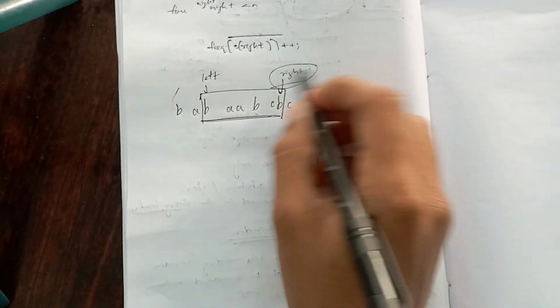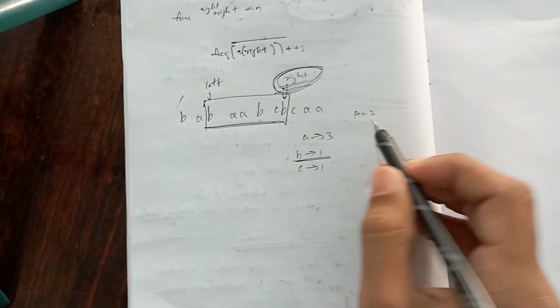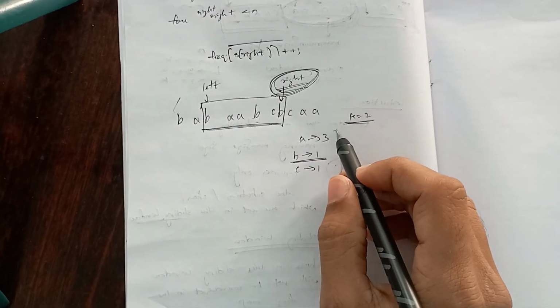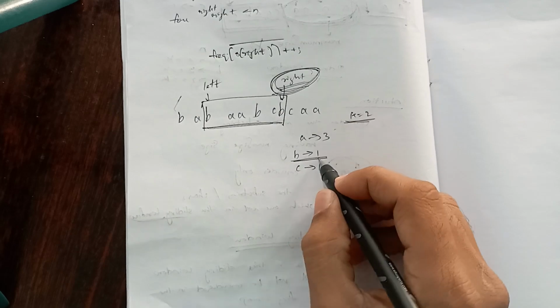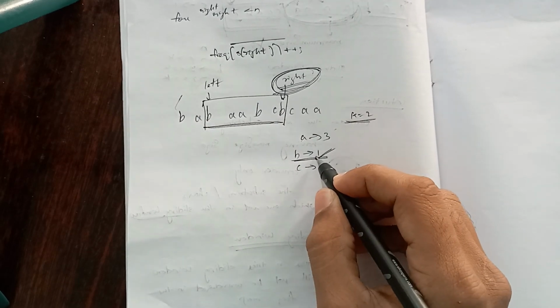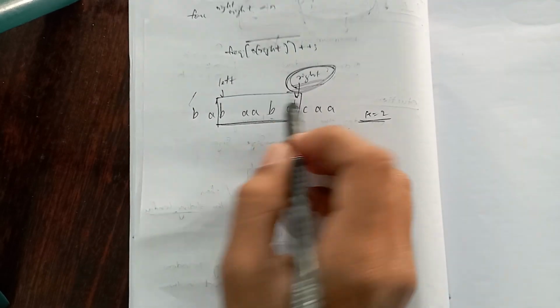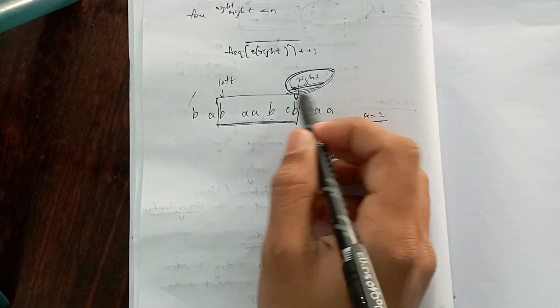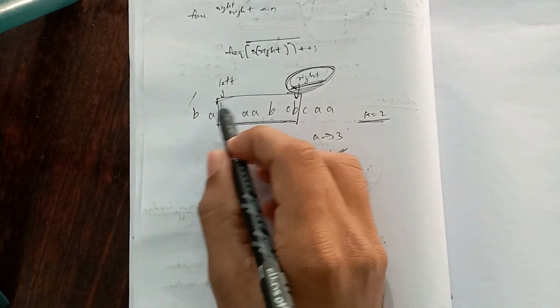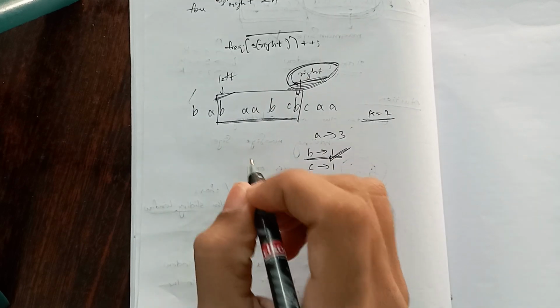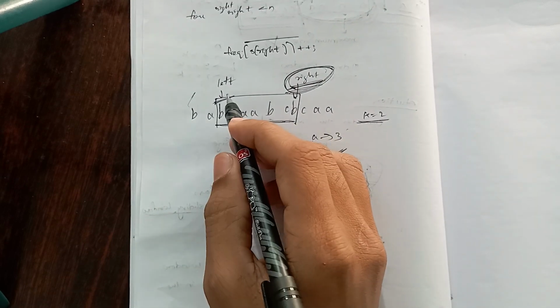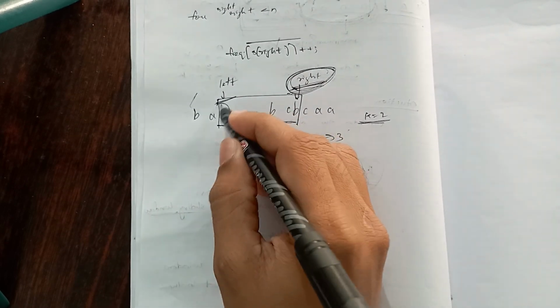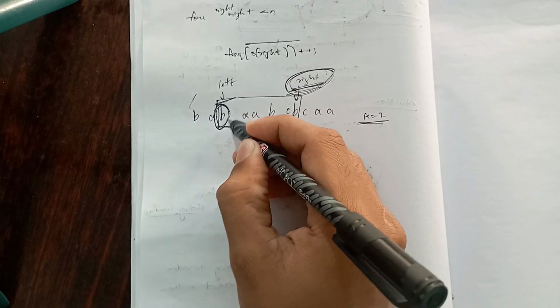But the frequency of S of right is less than k. So while the frequency of S of right is less than k, we need to increment our left, and before incrementing the left, we need to increment the frequency of S of left.